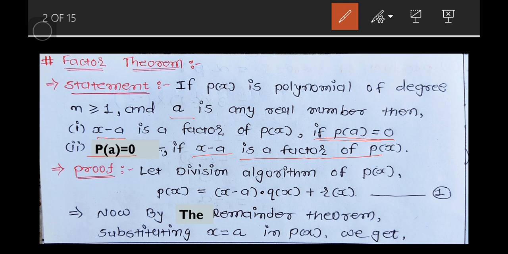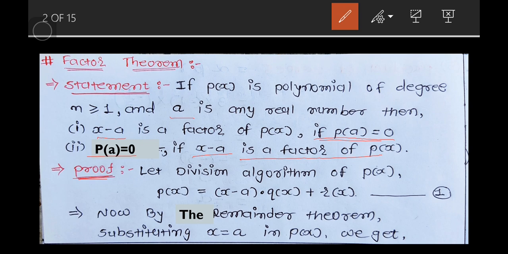Proof of the given statement: let us write the division algorithm of p of x, as we have studied. Here p of x is a polynomial of degree n greater than or equal to 1.